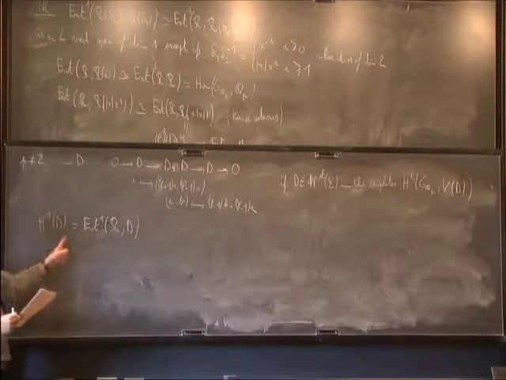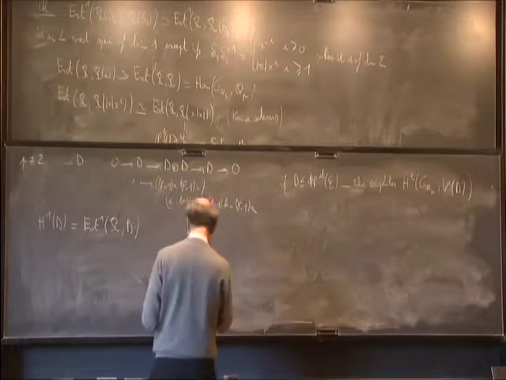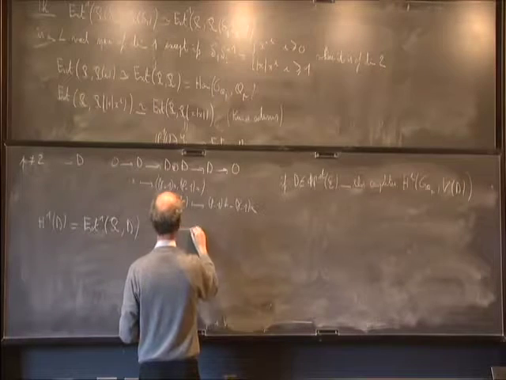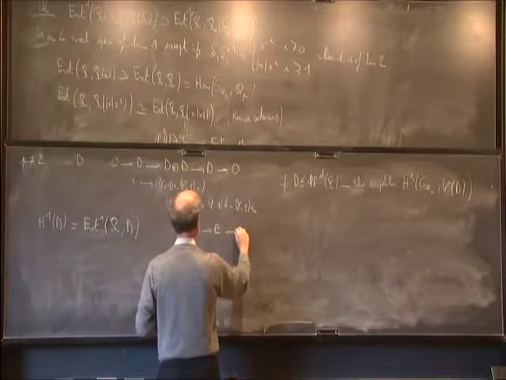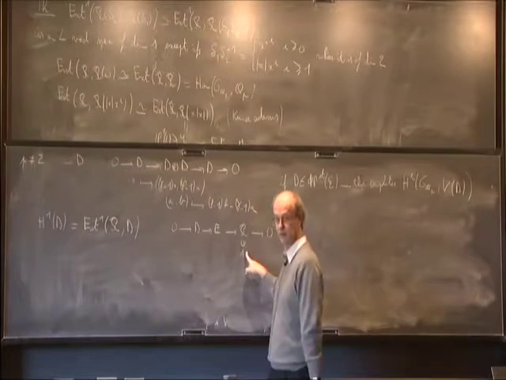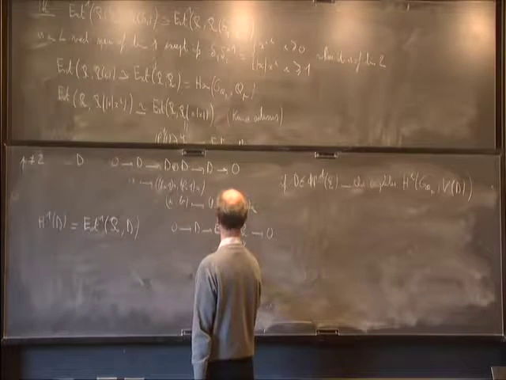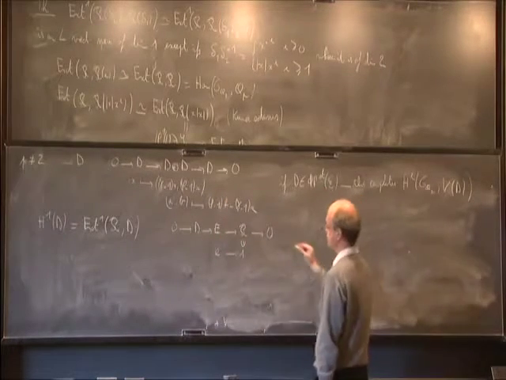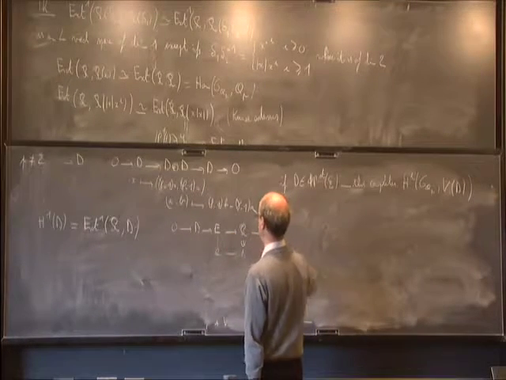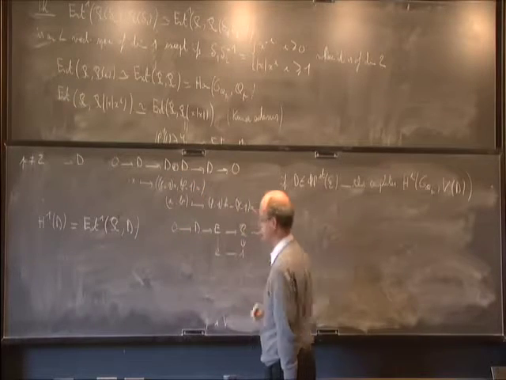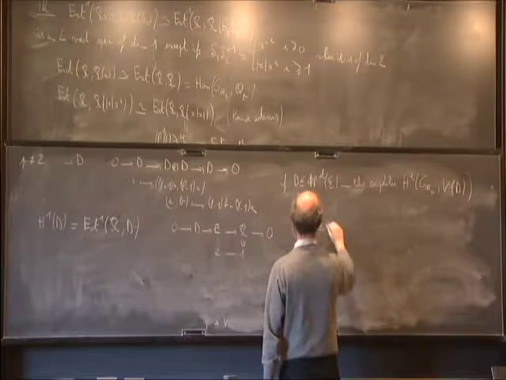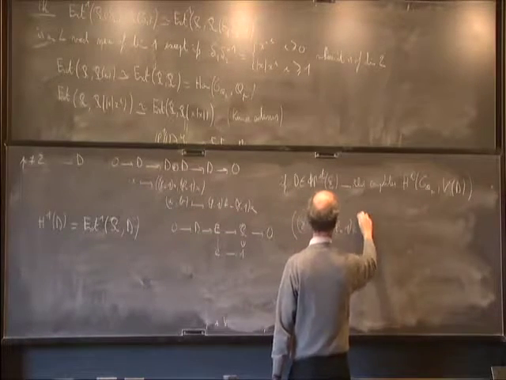And this isomorphism is very easy to describe. Assume that you have an extension D goes to E, goes to R, goes to 0. So here you have the element 1 here. You just lift it to some element e in E. And what you look at, well, the pair of elements that you will get here is just gamma minus 1 e, phi minus 1 e.